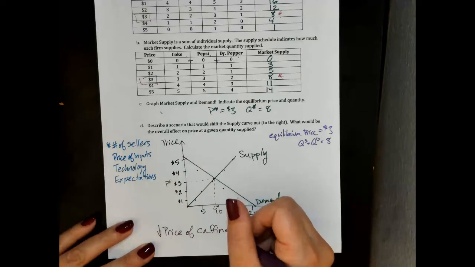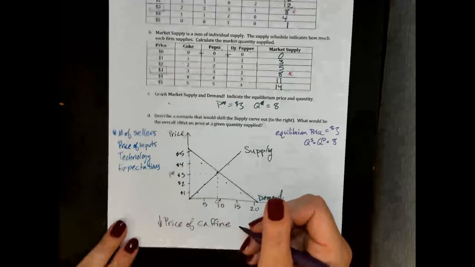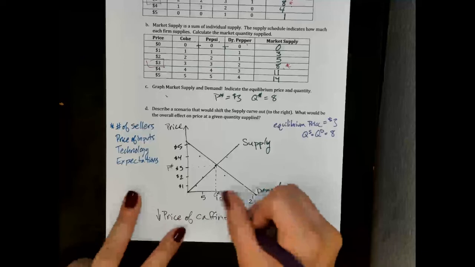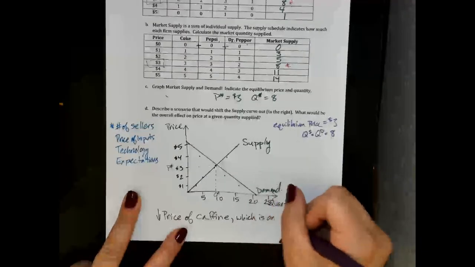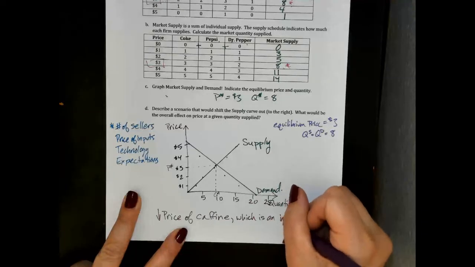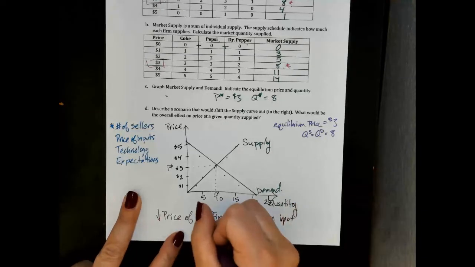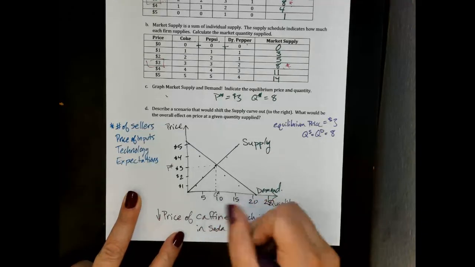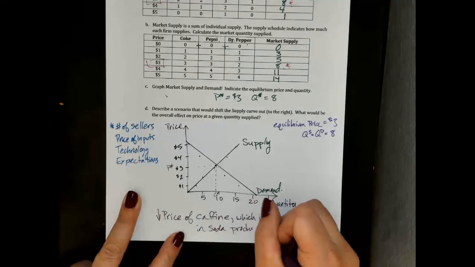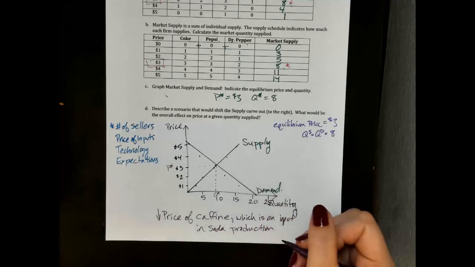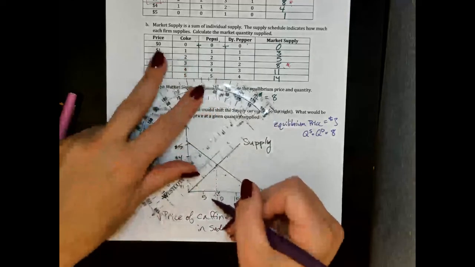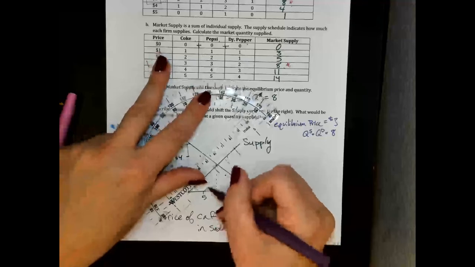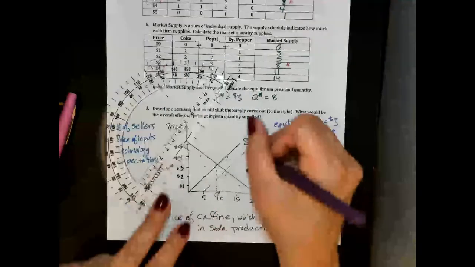I want the caffeine. So lower price of caffeine, that's an input in soda production. That means I'm going to shift my supply curve out. And I want it to be kind of an even shift like that. So I'm going to say, okay, there's my new supply curve.